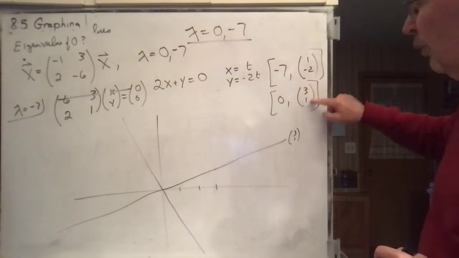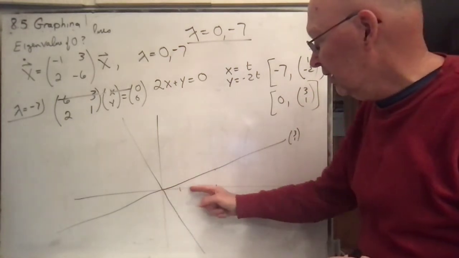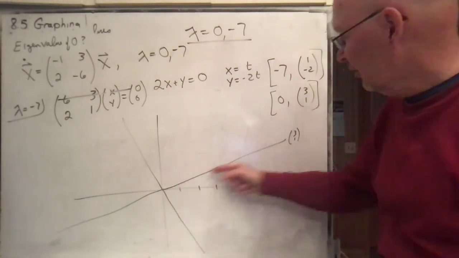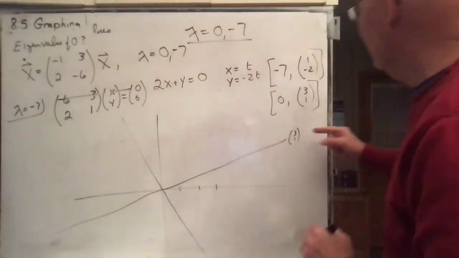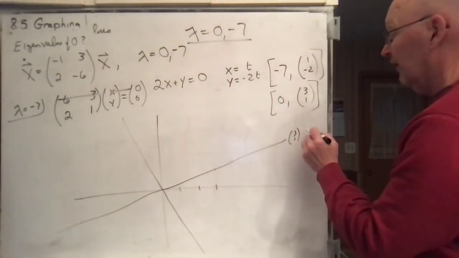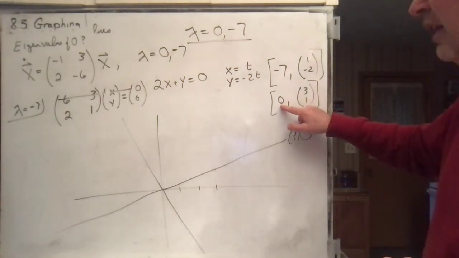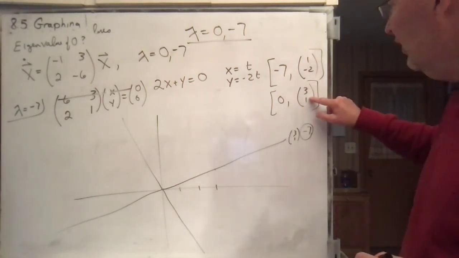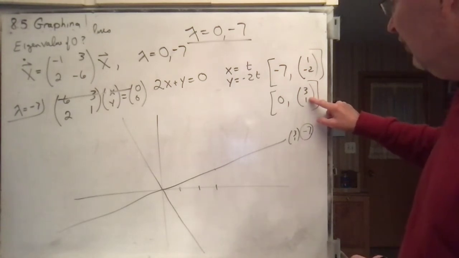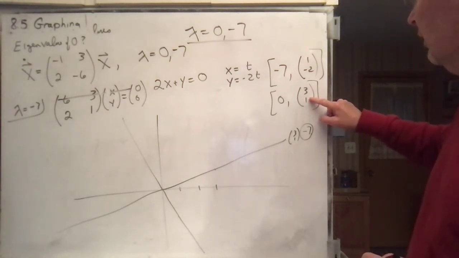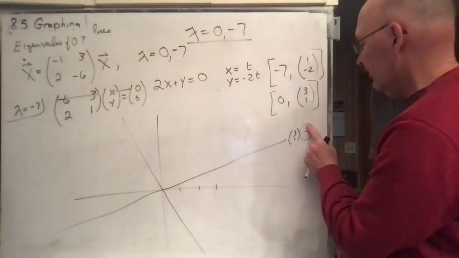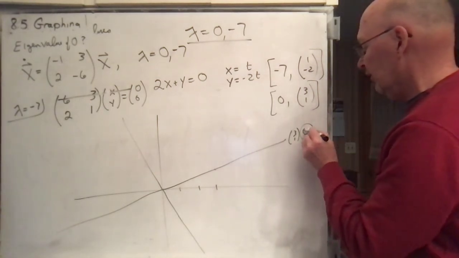So 3, 1, you go 3 over and 1 up. So there's the eigenspace associated with the eigenvalue of negative 7. And then what's the one for the eigenvalue 0? It's 3, no, I'm sorry, 3, 1. This is for 0. Sorry, that's for 0.